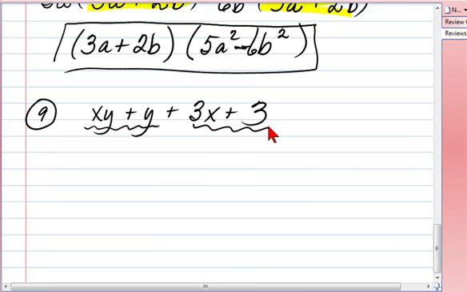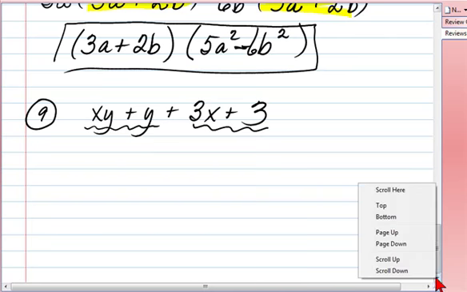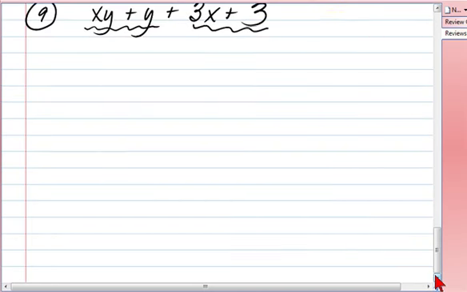So what's the common factor in the first group? Y. So if I factor out the y, what will that leave me with? X plus a 1. Don't lose the 1. I'm going to keep this sign, whatever it is, and it's a plus sign. And what's the common factor in the second group? 3.